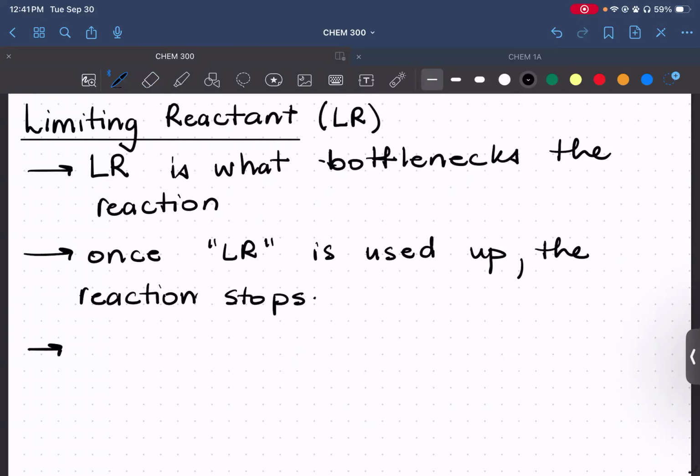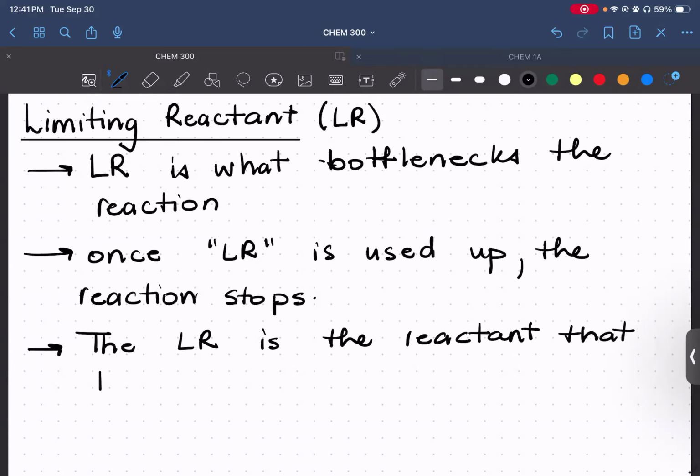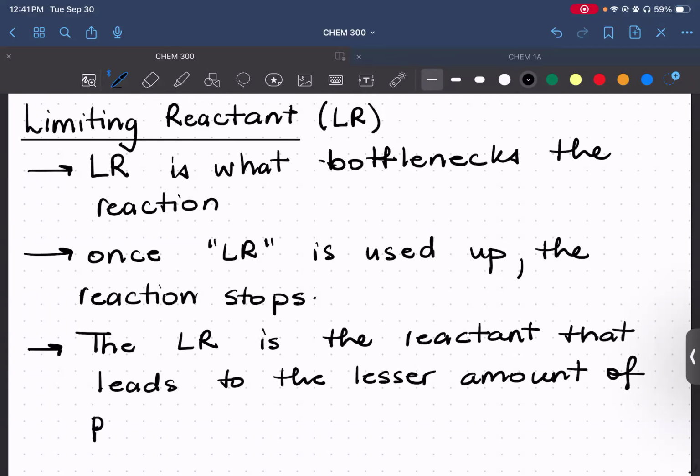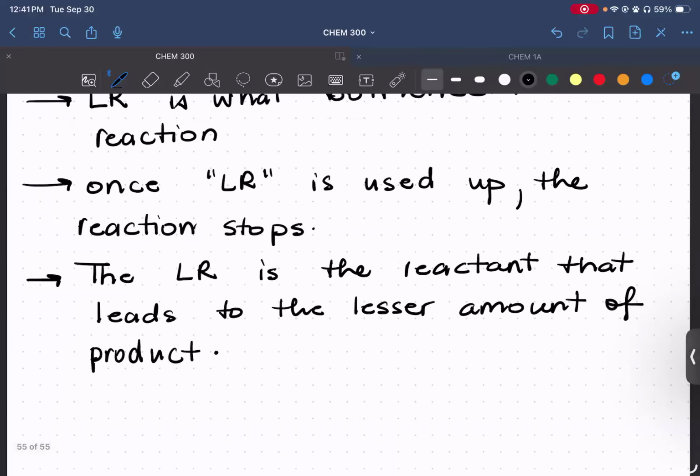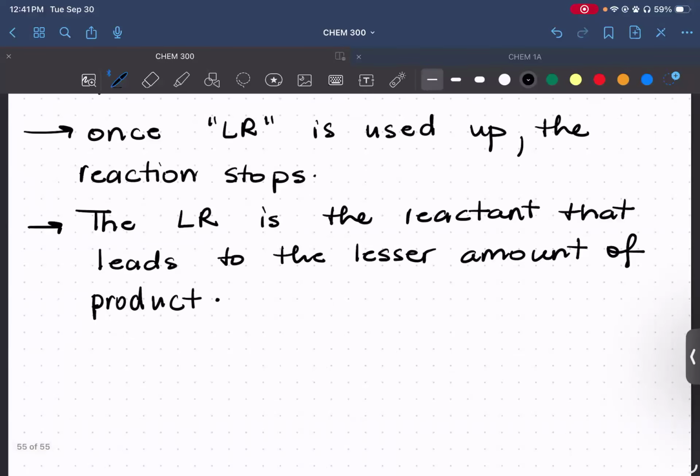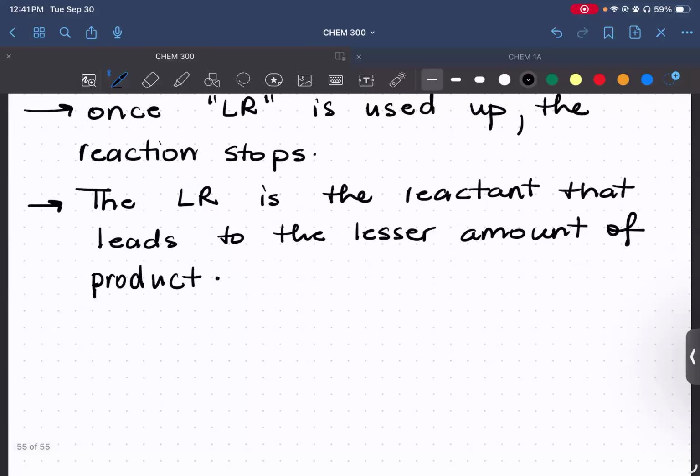The limiting reactant is the reactant that leads to the lesser amount of product.